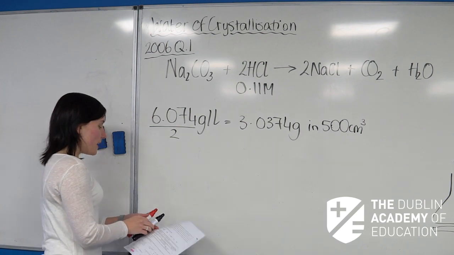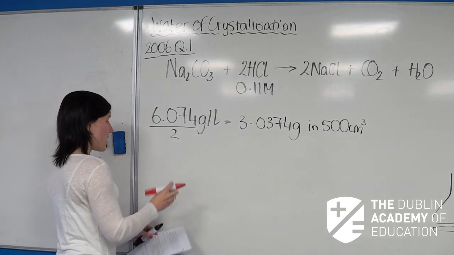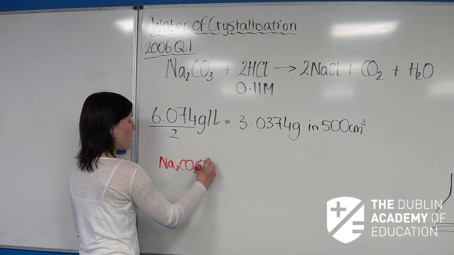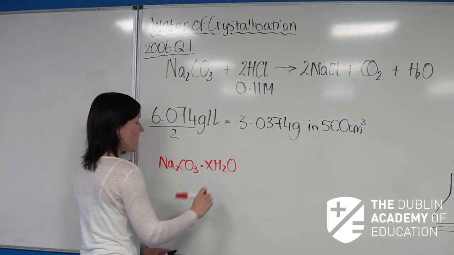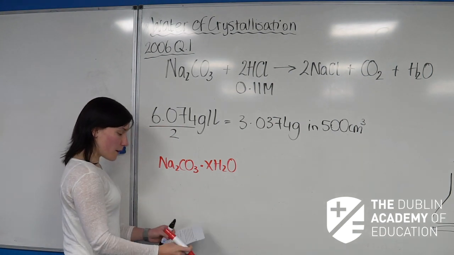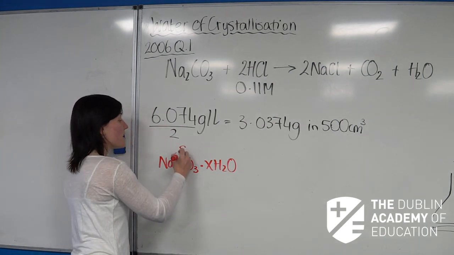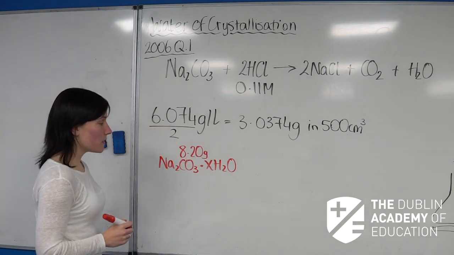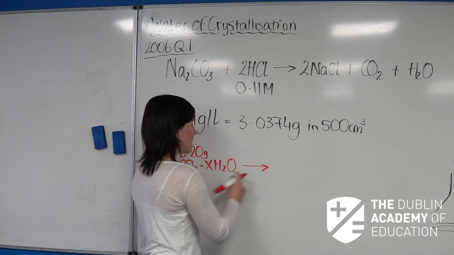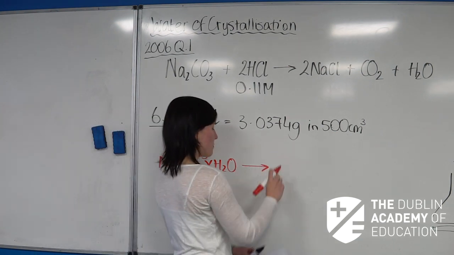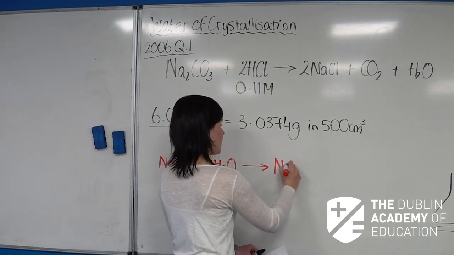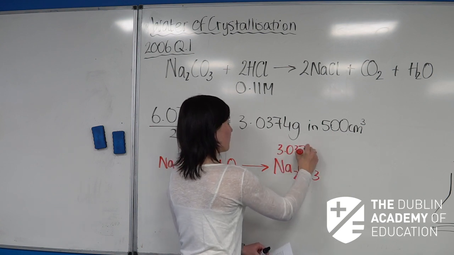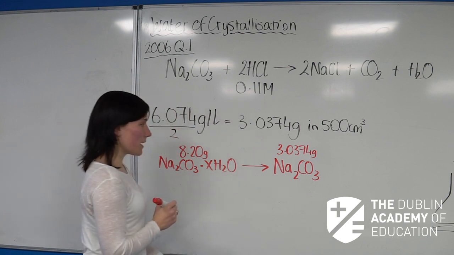Now, we are told at the very beginning of our question that we have 8.20 grams of this hydrated sodium carbonate. We have now worked out that there's actually 3.0374 grams of sodium carbonate.